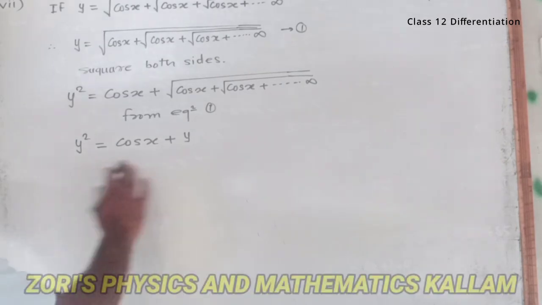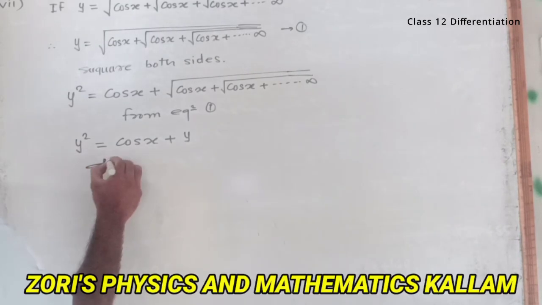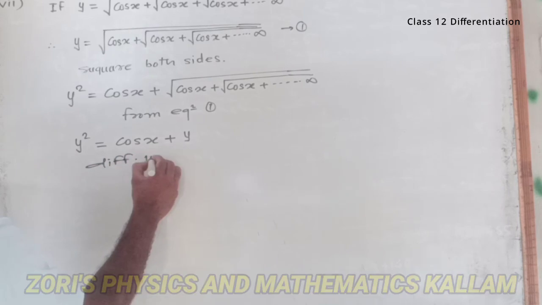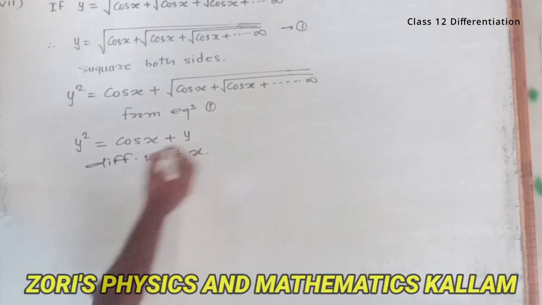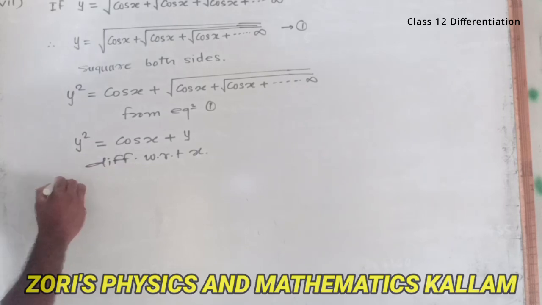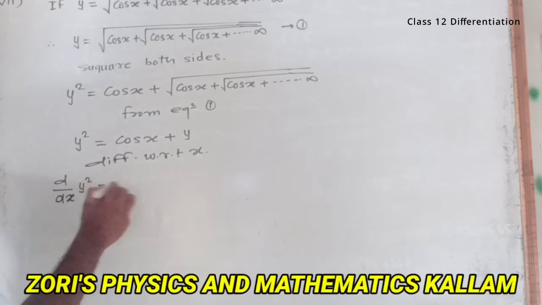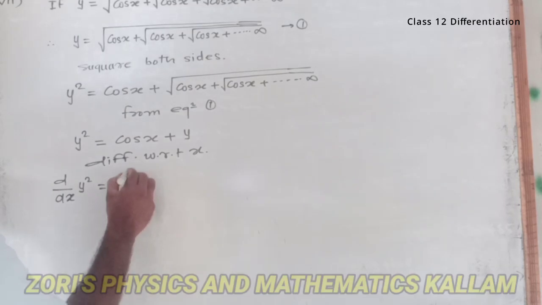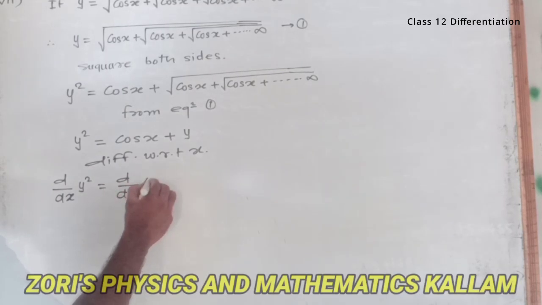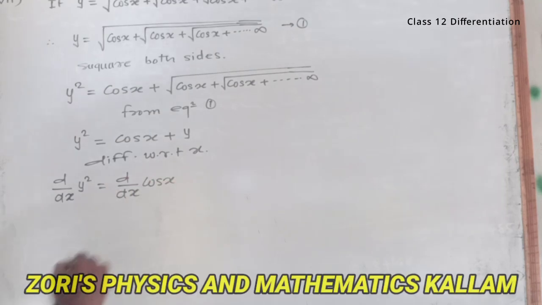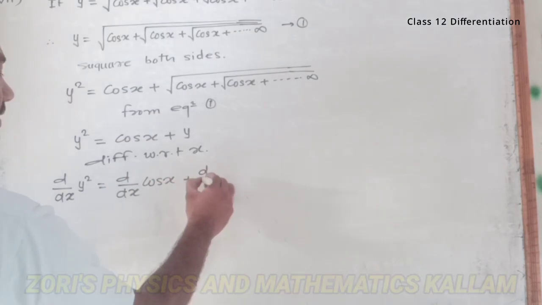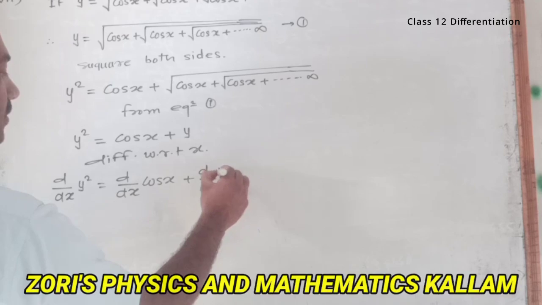Now at this stage take a derivative, differentiate with respect to x. Therefore d/dx of y² = d/dx of cos x + d/dx of y.